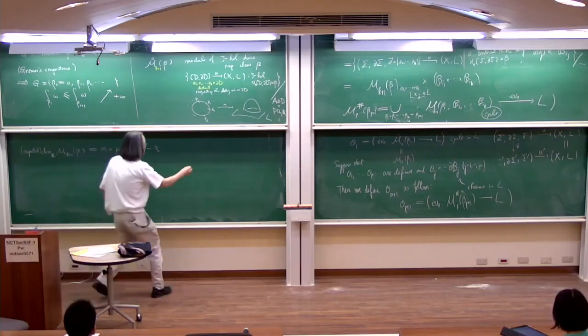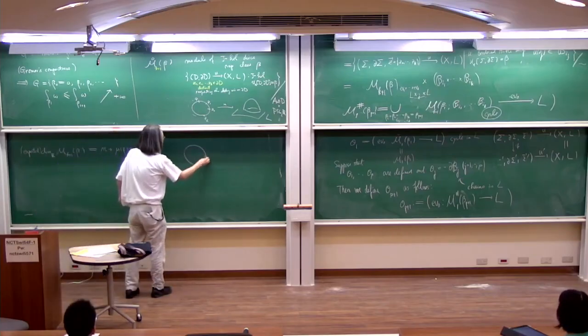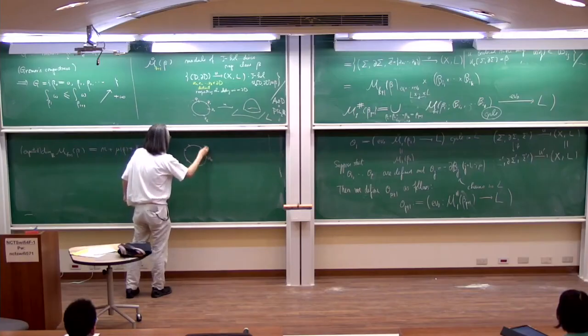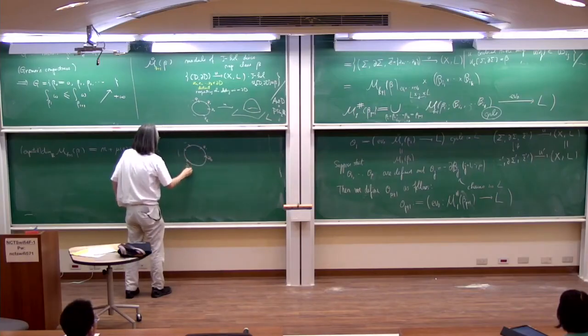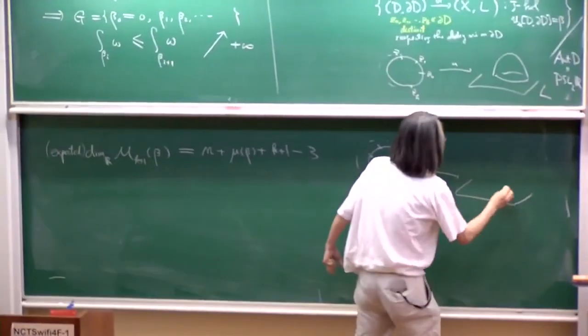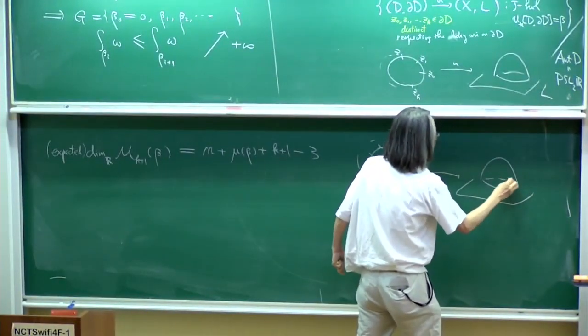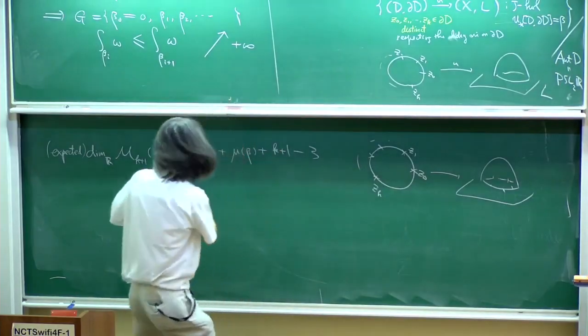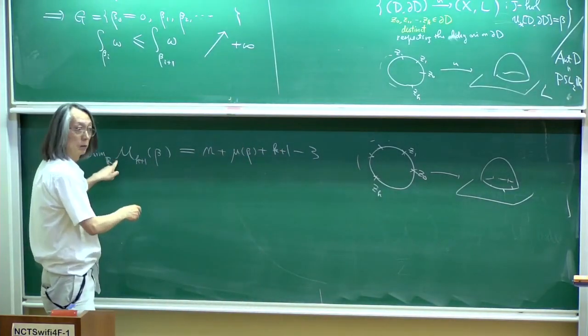So this is a moduli space for this, right? Z0, Z1, Zk, and going to this. So this is the open part of this, in a sense.